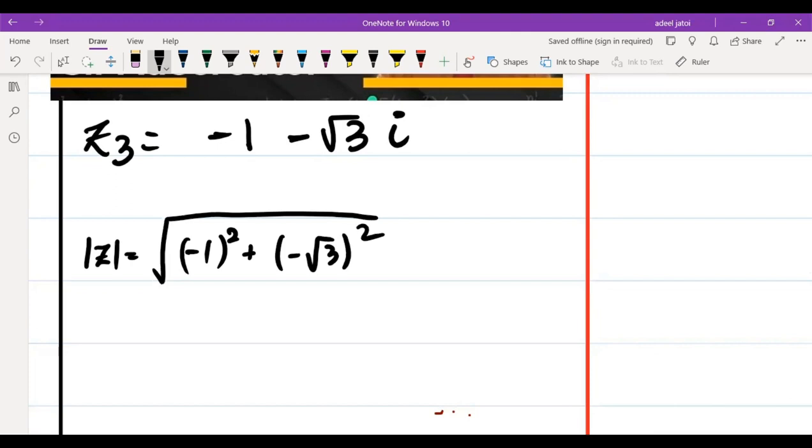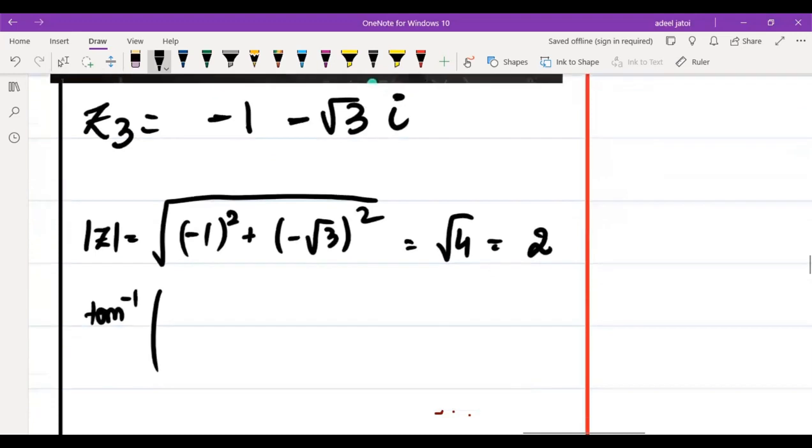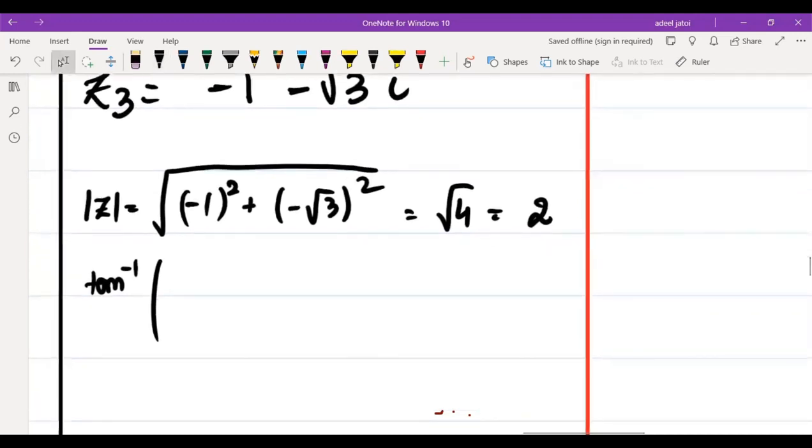So this should be again under root 4, which is equal to 2. Now, you need to understand that for tan inverse, the imaginary value is under root 3 upon 1.